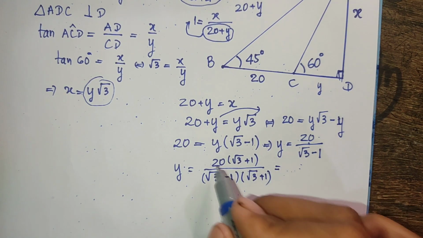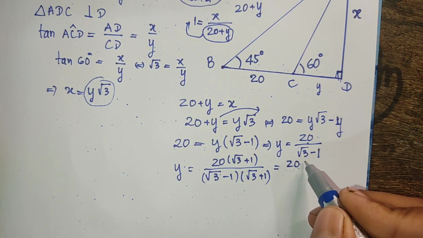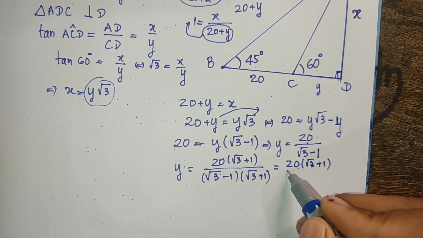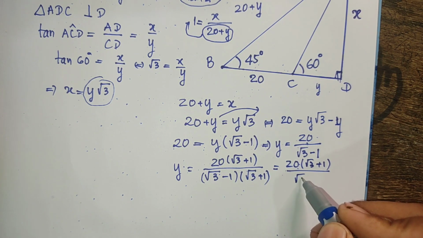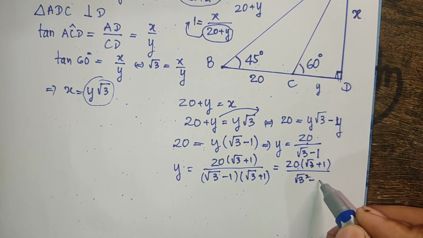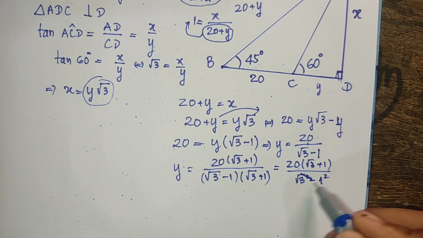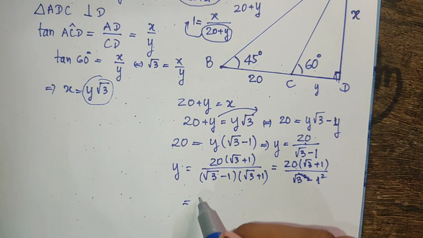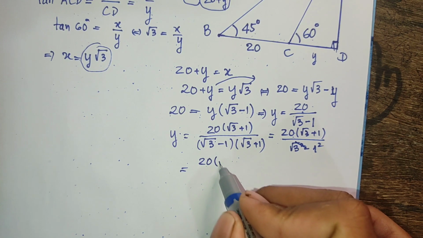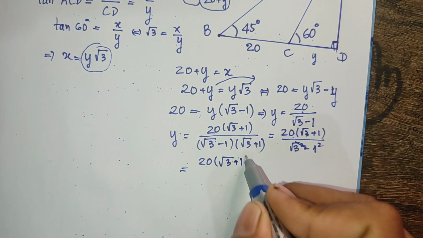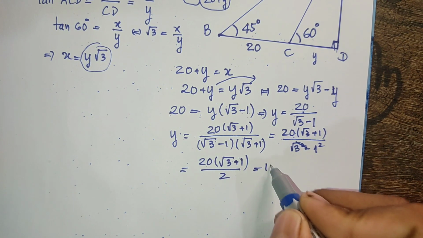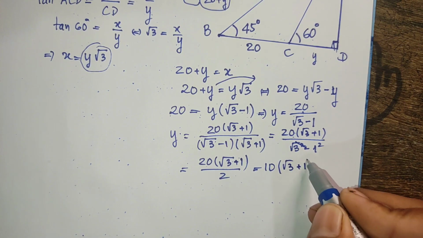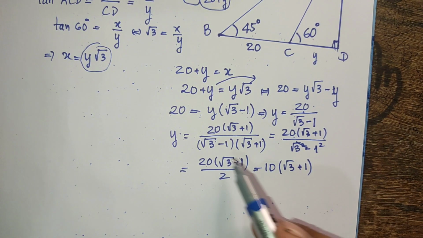And so now this equals 20 multiplied by square root 3 plus 1 divided by square root 3 squared minus 1 squared, and if we simplify this we get 3 minus 1, so it's equal to 2. And this we get is 20 multiplied by square root 3 plus 1 divided by 2, equal 10 multiplied by square root 3 plus 1. And so now we get the value of y.